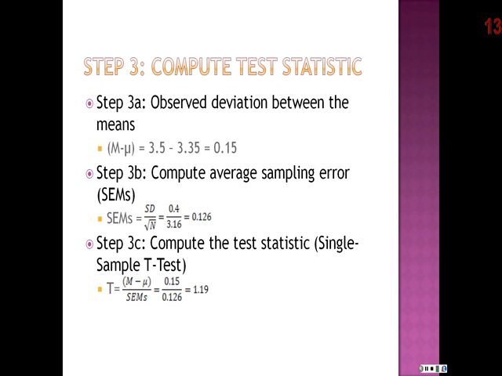So if anybody at this point is wondering where I got this information from, this 3.5 and 3.35, go back and look at the scenario. The scenario discussed that the sample grade for STEM students was 3.5, sample grade for STEM population was 3.35.